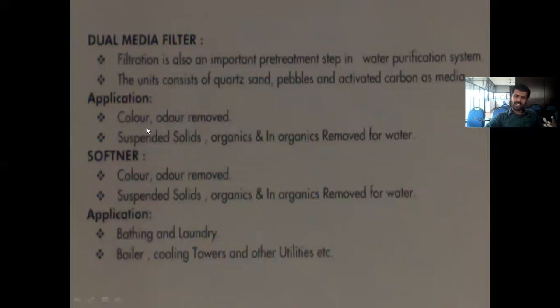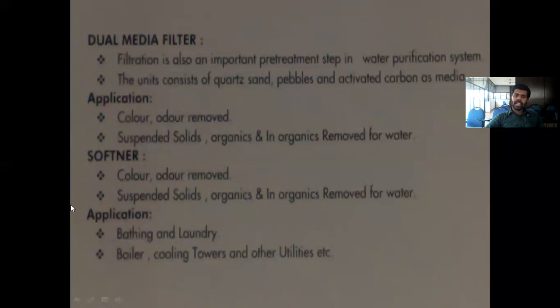Now let's think about softeners. We use softeners also as a cleansing medium or purification system, in which color and odor, here also, can be removed by using a softener. Suspended solids, and organic and inorganic particles are also removed.